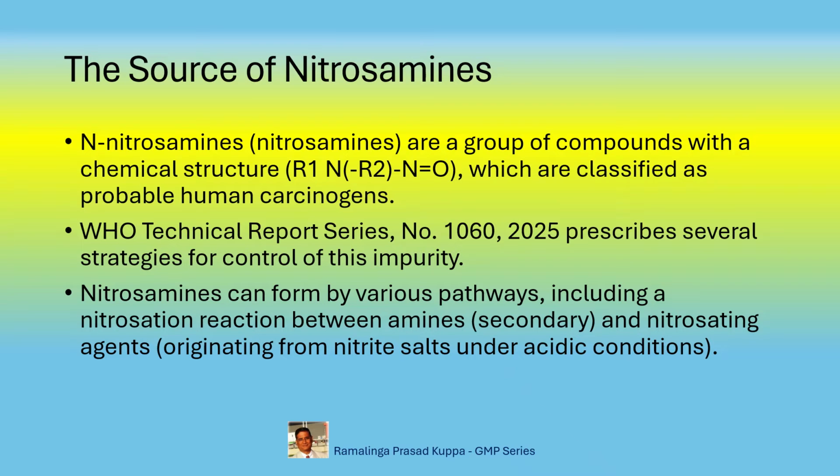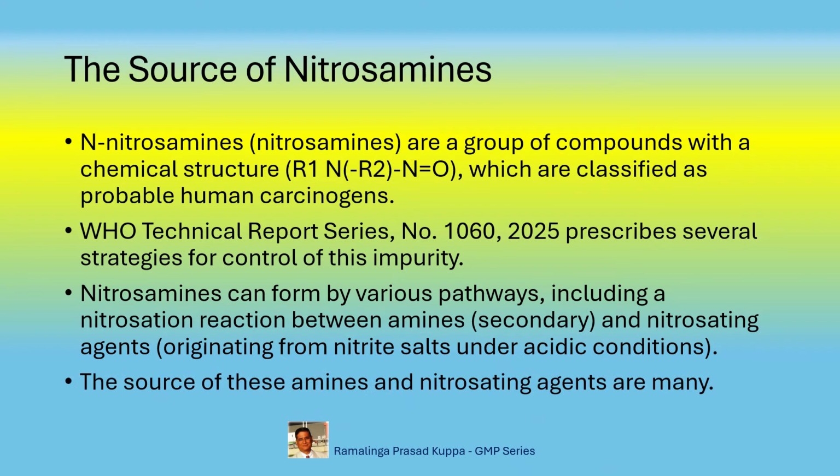Tertiary and quaternary amines may also be contaminated with secondary amines, either as impurities from the route of synthesis or as degradation products. Nitrosating agents are generated from reagents like sodium nitrite, nitrous acid, nitric oxide, nitrosyl halides, dinitrogen trioxide, dinitrogen tetroxide, and other organic nitrites.